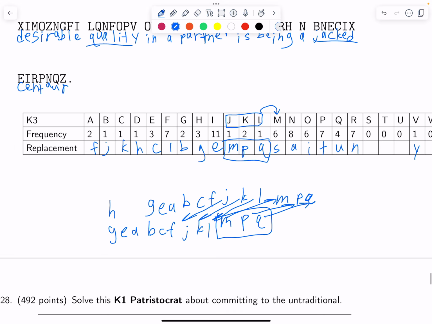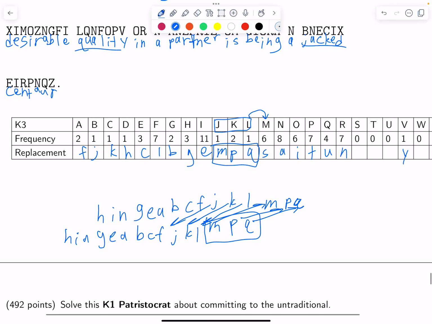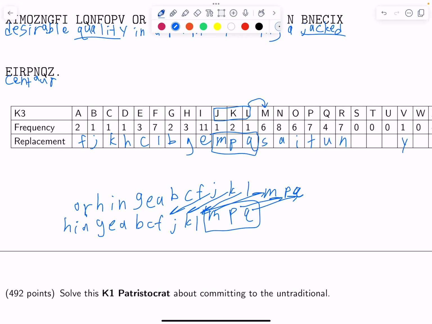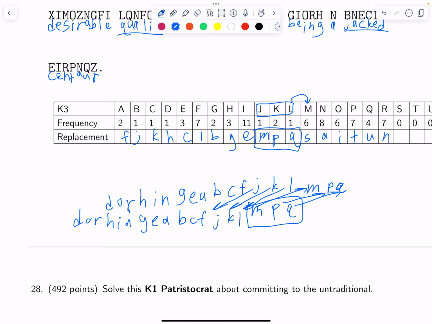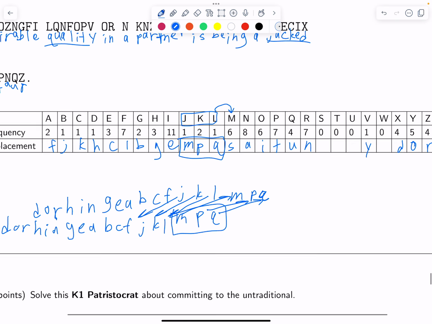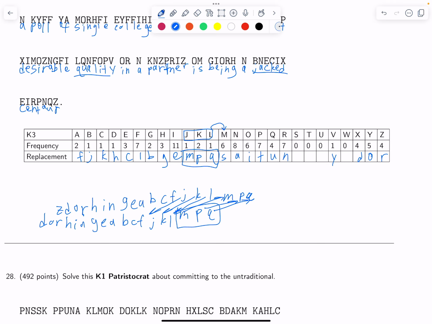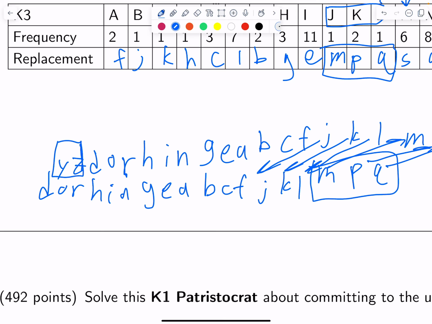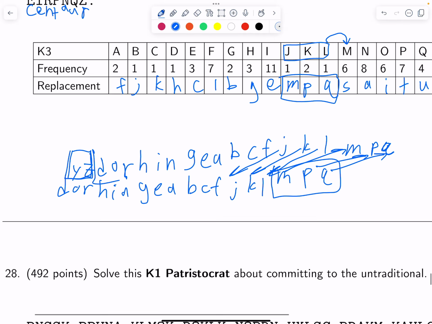H, G, I is E, N is A, H, I, N, O is I, N is going to be R, or R is going to be N, D is going to be H, and D, O, R. And then we have R, Z equals R, Y, and then we can see there's Y, Z over here, so the keyword is probably going to be inside here.